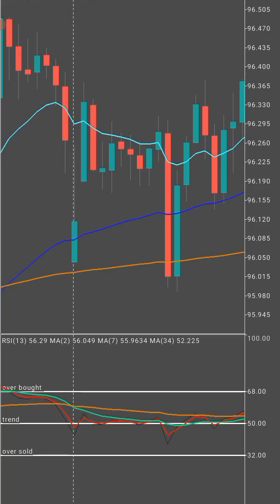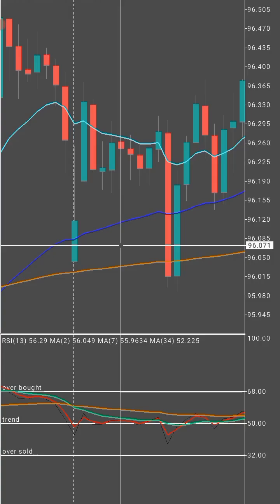Also, we need to understand that one of the significance of studying this is that gaps also give us areas of support and resistance. Why? Because gaps can act as future areas of support and resistance. Look at what happened here.